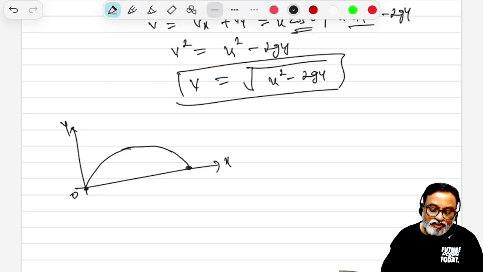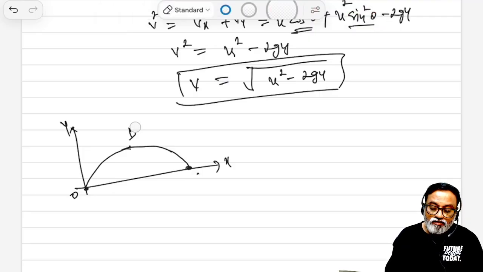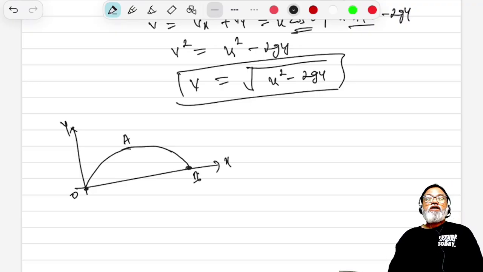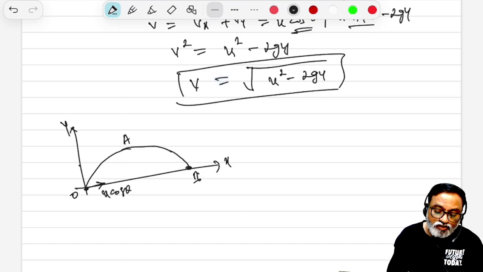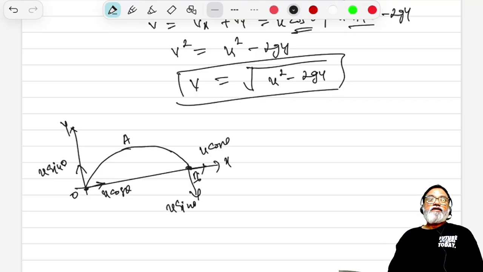For example, if you consider this is point O and this is point A, this is point B. Therefore, at point O, horizontal velocity is u cos theta and vertical velocity is u sin theta. At B also, u cos theta, and this one is u sin theta.